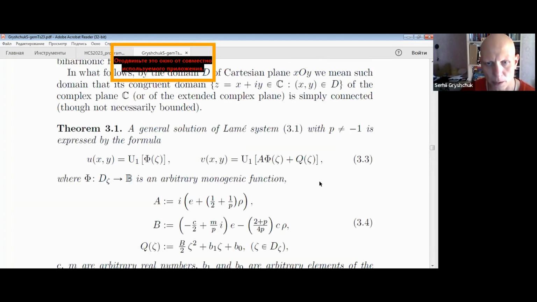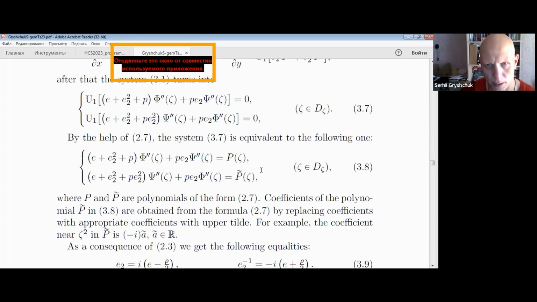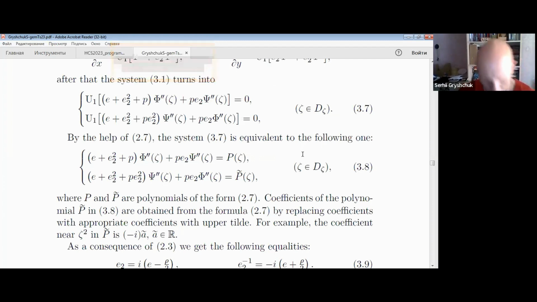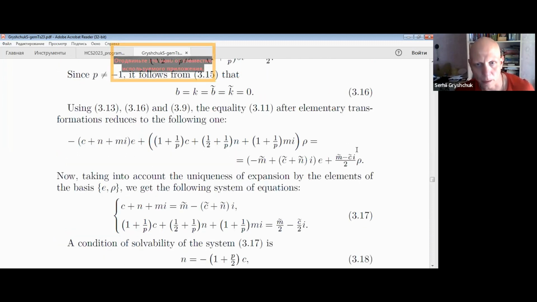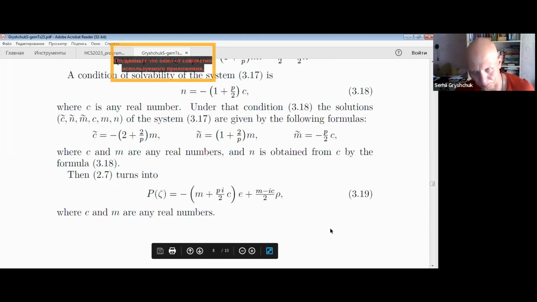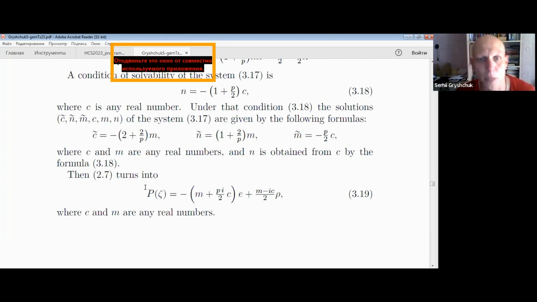And p with tilde is a similar polynomial. Then, doing some further transformation, we obtain a relation between such polynomials, and then we obtain such a formula for polynomials p. This is good, because we have relations, but for our solutions we need only the formula for polynomials p.